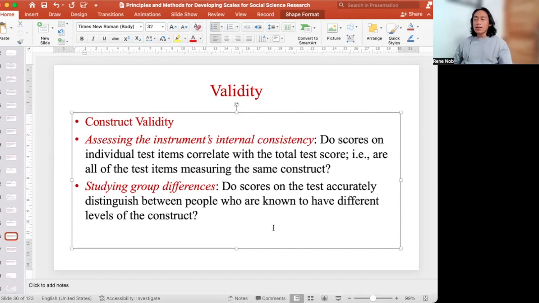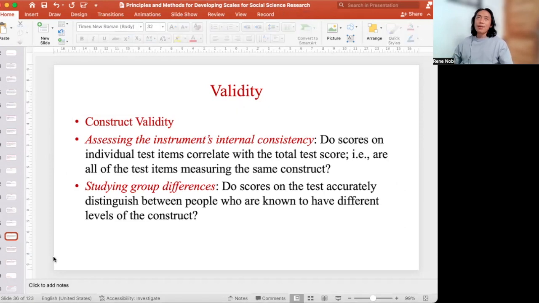One way to assess whether we've actually measured venting is that when we administer the scale that we created to males and females, it should demonstrate that females scored significantly higher than males, because theoretically they should, and because empirically there has been previous evidence suggesting that females tend to vent out as a coping mechanism more than males.